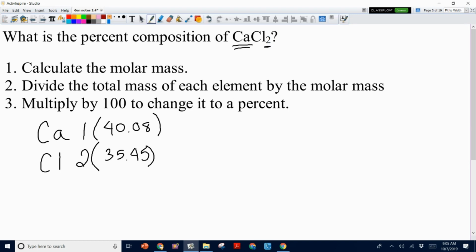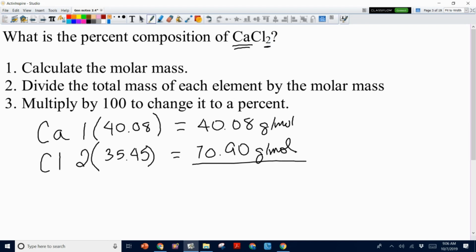All right, so let's multiply those out. 1 times 40.08 is 40.08 grams per mole. And then 2 times 35.45 is going to be 70.90 grams per mole.